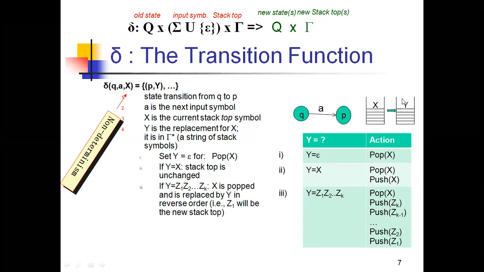Or if y is equal to x, you need to pop x and push x. And if y is z1, z2 and so on up to zk, then you need to pop x and push zk down to z1. Right. So this is the way of doing the pop and push operations.